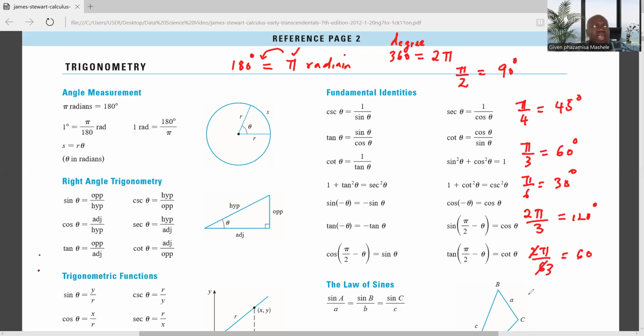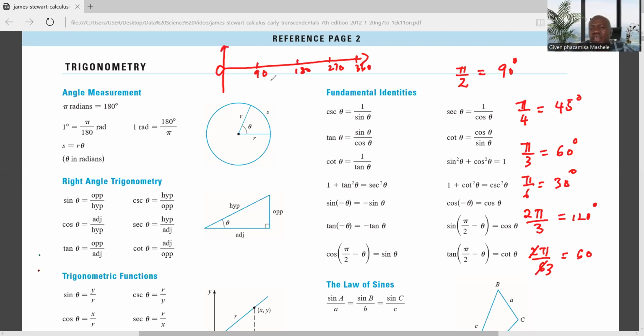That's why in trigonometry, especially at the university level, for example if you want to sketch the graph for sine, remember in grade 12 we used to say 0, 90, 180, 270, 360.